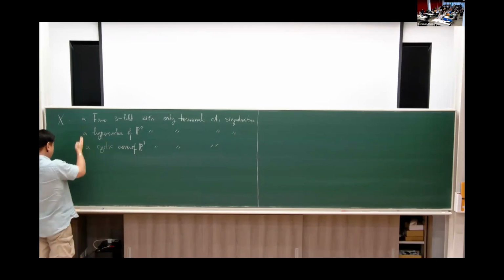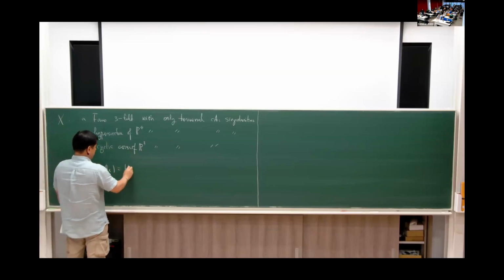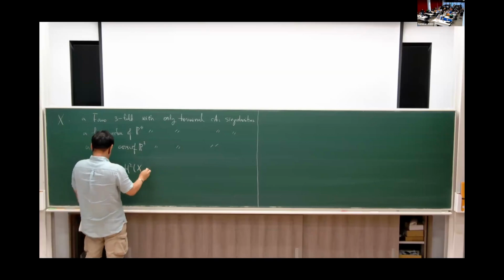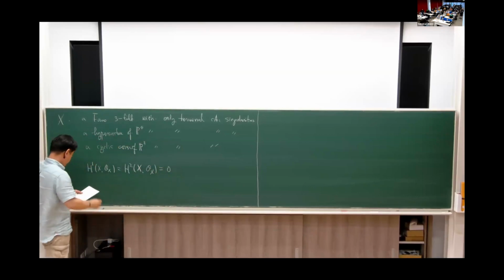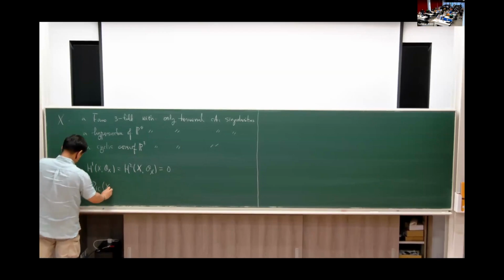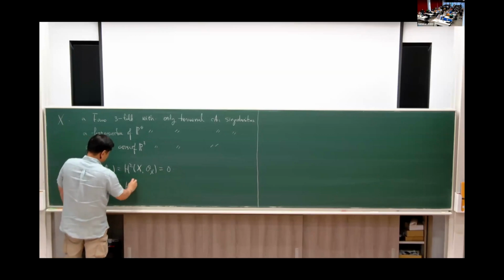But in this case, our H1 of O_X and H2 of O_X all vanish. So in this case, our Picard group of X is the same as the second cohomology group.